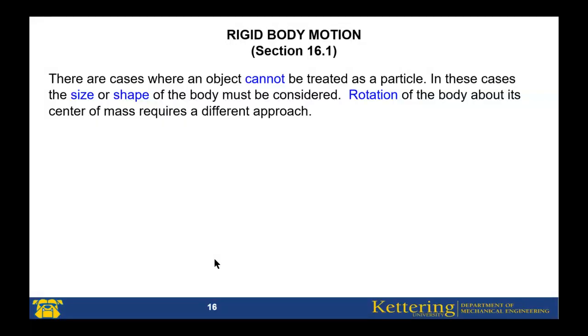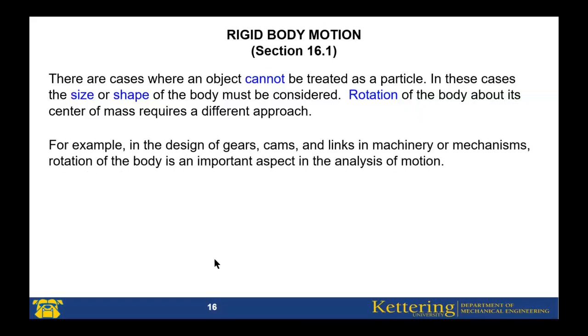And for rotation, we can find the velocity and acceleration of the body at any point inside the rigid body or outside. Examples related to mechanics, design of gears, cams, springs, are examples of rigid body motion analysis.